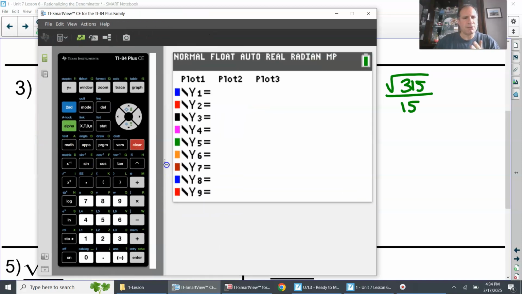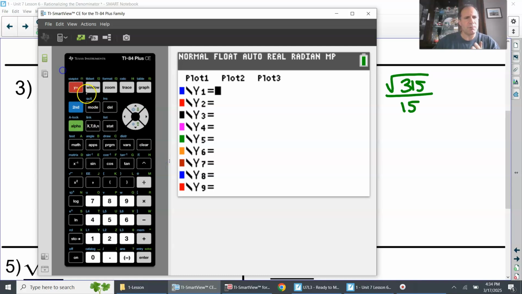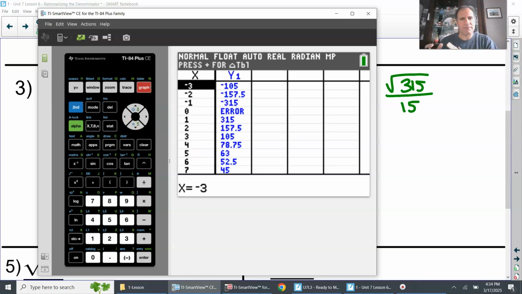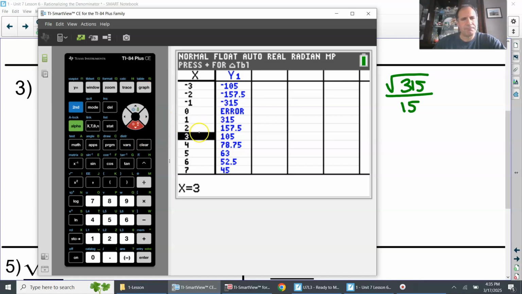So what I'm going to do is press y equals, and I'm going to put 315 divided by x. And when you do this, it'll give you the multiples that equal 315. So you see right here, this is 1 times 315. 2 times this, 3 times that, 4 times this.